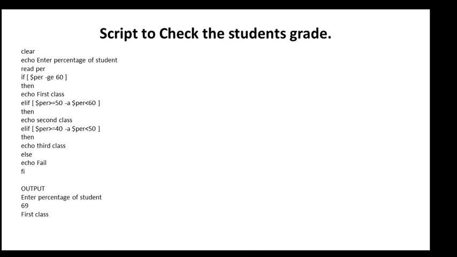Next, this is an example to check the student grade. Enter percentage of a student, read percentage. Percentage we have to enter here. That percentage is going to be compared in each and every if statement. If the given percentage is greater than 60, then first class.